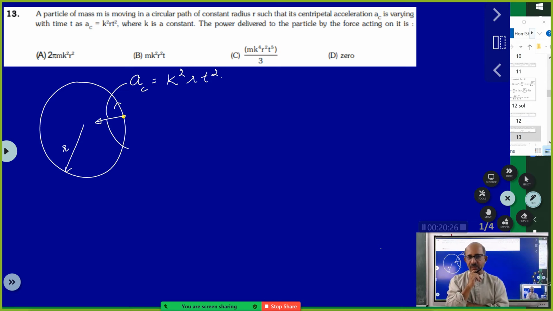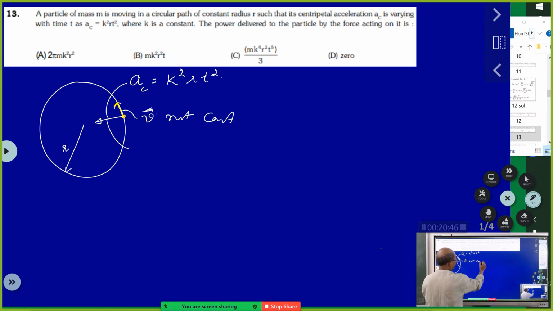You need it, because the velocity has to change. It is not constant. This speed is not constant. So that should give you the clue.